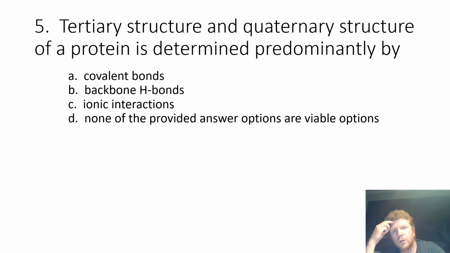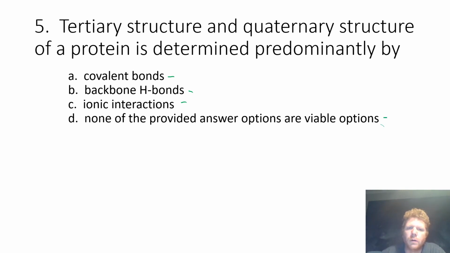All right, tertiary structure and quaternary structure of a protein is determined predominantly by A, covalent bonds, B, backbone hydrogen bonds, C, ionic interactions, and D, none of the provided answer options. Okay, so this is actually kind of set up inventorying the different levels of protein structure.